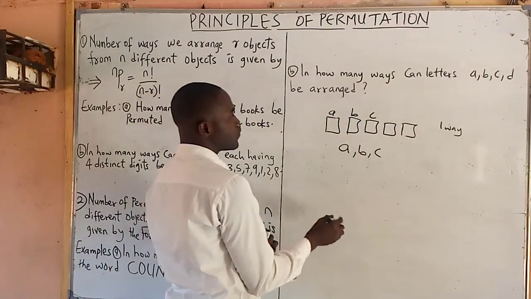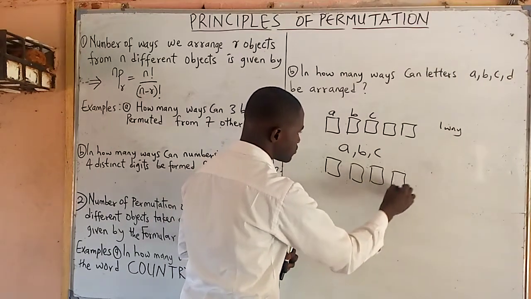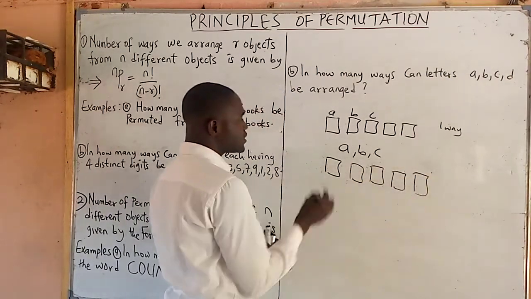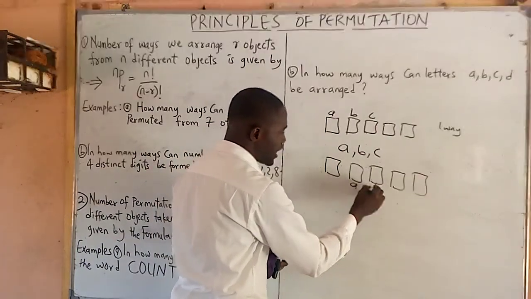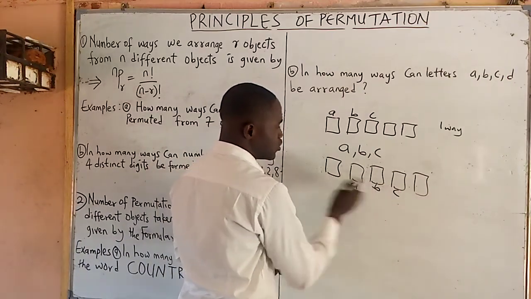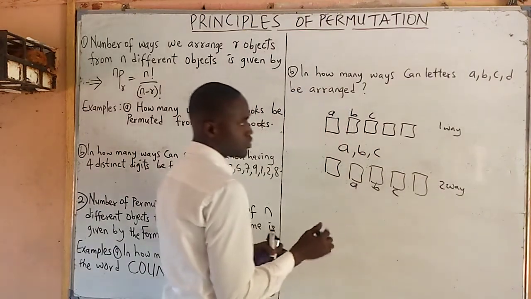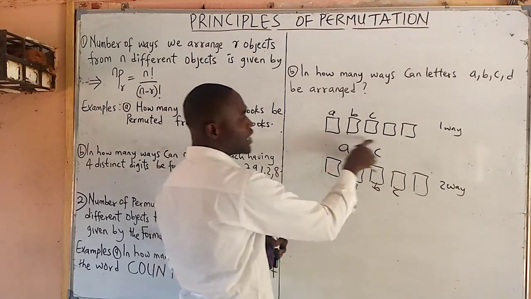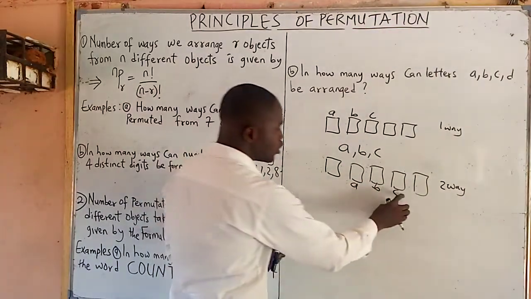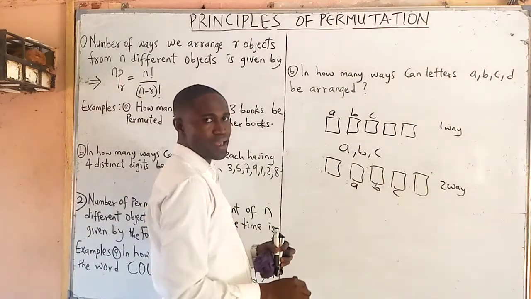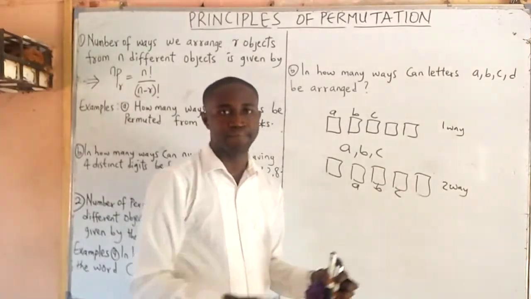What if A sits here, the other one here, and the other one here? You say another way, second way. You notice that in the first way 2 seats are left unoccupied, because they only have 3 persons, so they cannot occupy 5 seats.